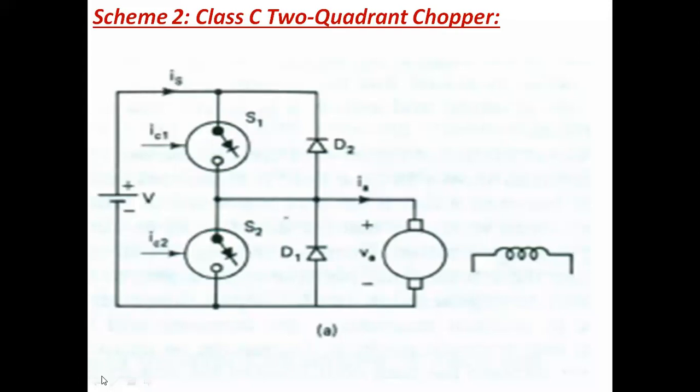At a single time, only one chopper, that is, only one semiconductor switch and one diode combination will be on, and after some time delay, S2 and D2 will be on. So this is the scheme 2 chopper.